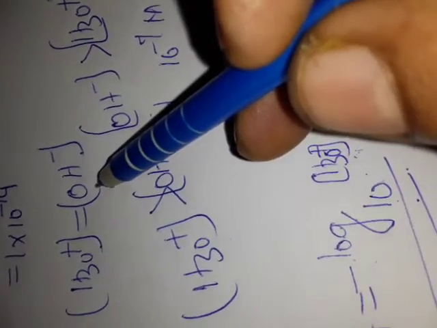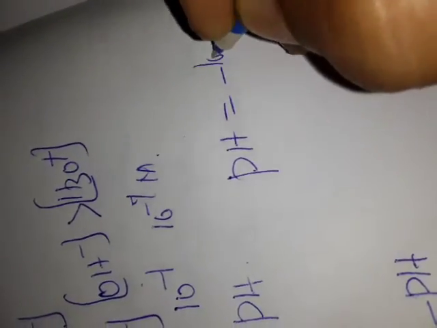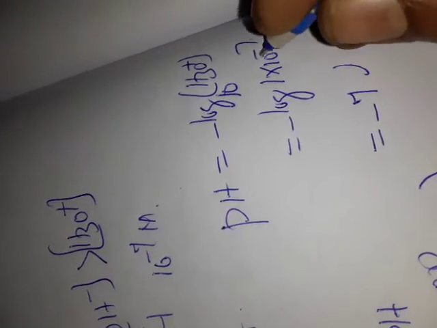So the pH value can be calculated. pH is equal to minus log to the base 10 of hydronium ion concentration, that is minus log to the base 10 of 1 into 10 power minus 7, that is minus 7 into minus log 10.